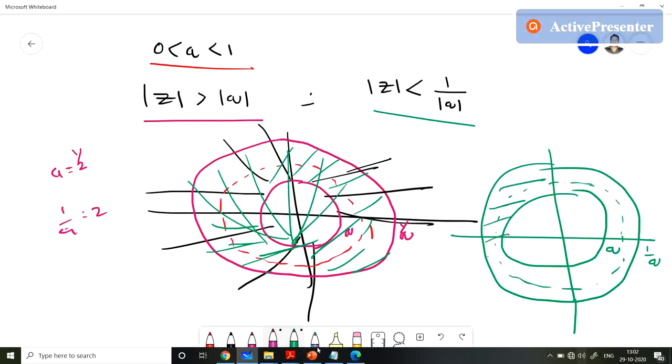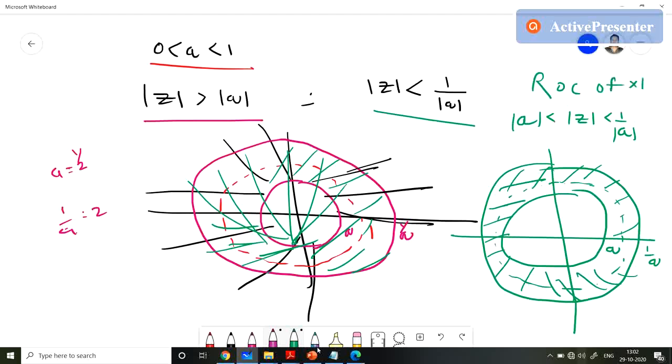So this is the common ROC, which is between A less than modulus of Z less than 1 divided by modulus of A. So this is the ROC of X(z).